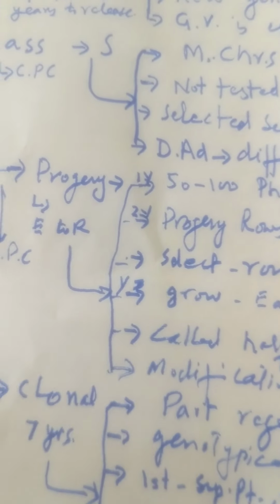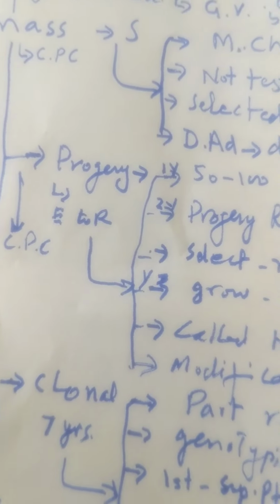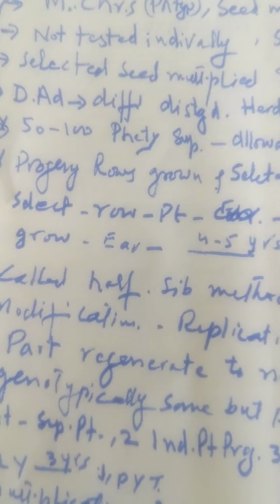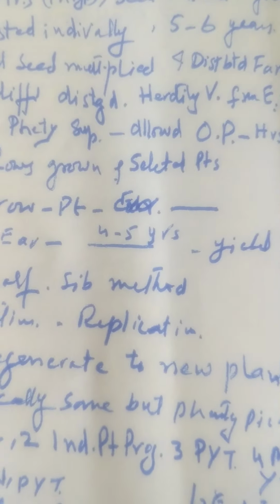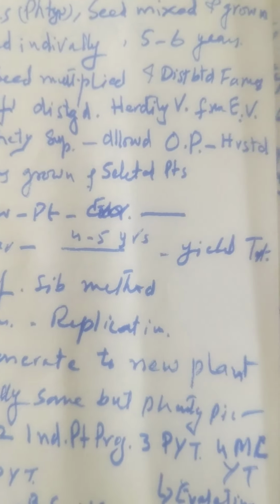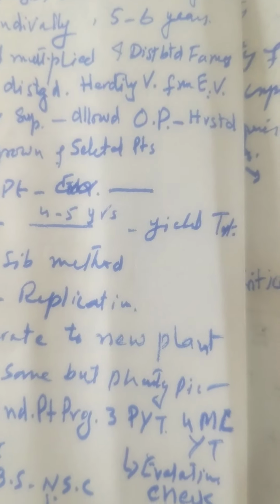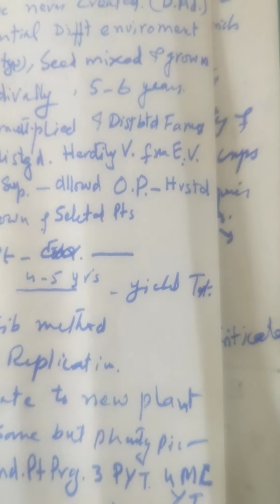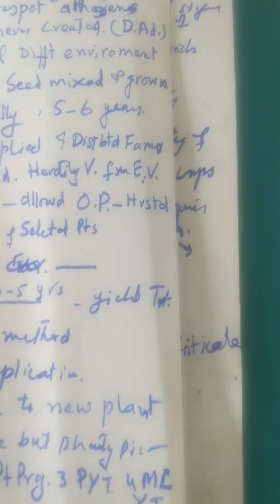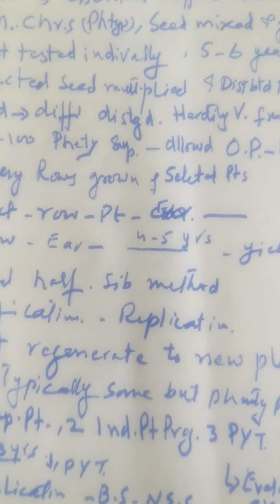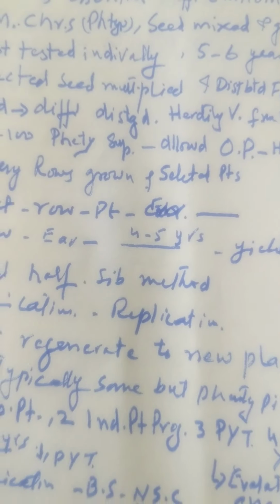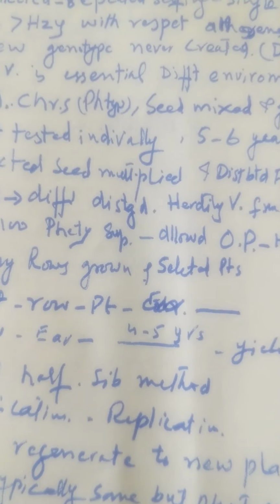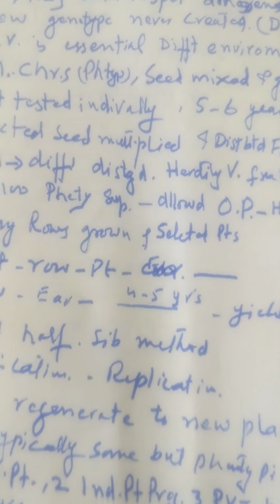It's also called the ear to row method. It is used in cross-pollinated crops. The method is repeated for 4 to 5 years, and then a yield trial is done for evaluation with the check variety. It's also called the half sib method because the male parent is unknown.